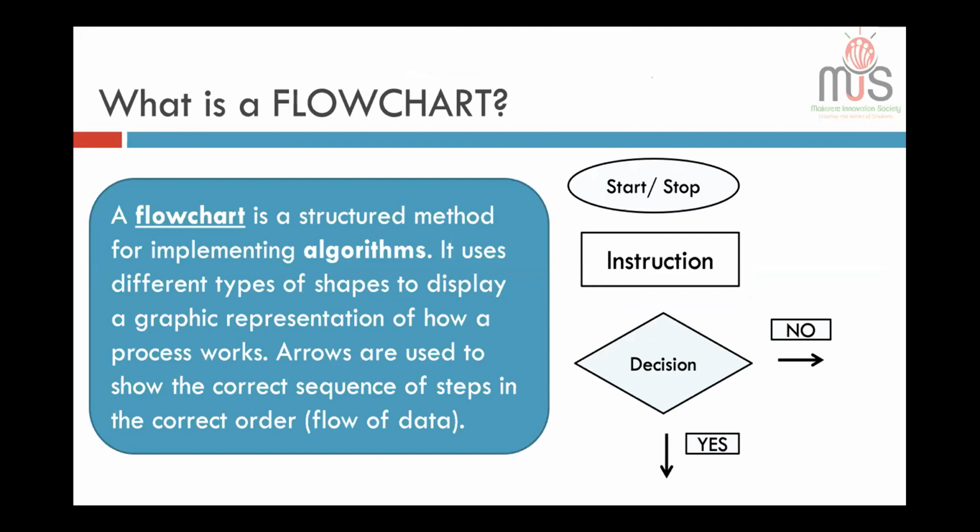Each shape has its own meaning, as I'm going to be telling you, as you can see here. If you're drawing a flowchart, it is just like drawing a map for your journey, a map for your game, a map for you to go to the shop and buy that donut and that half cake to come and take tea.